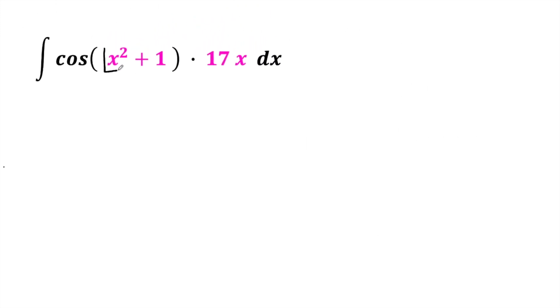Here's a similar example. The inner function is still the same, x squared plus 1, but that's not exactly the derivative of the inner function. It's the derivative up to a constant. We can still integrate such a function by substitution, and we'll let u be x squared plus 1. That's the inner function.